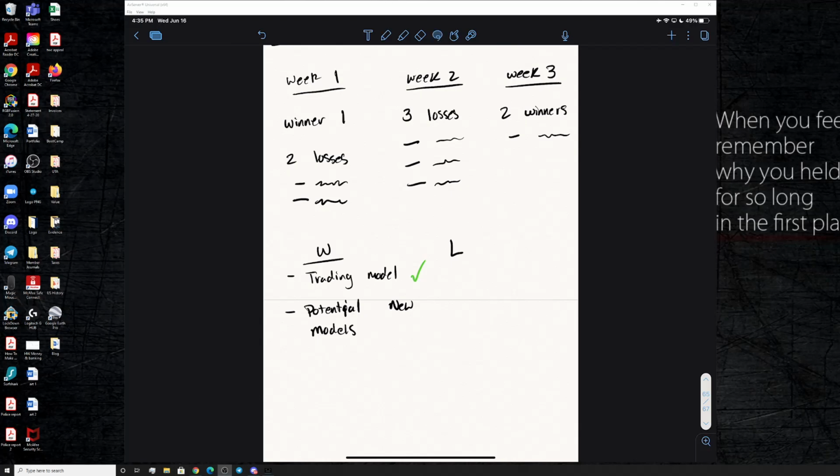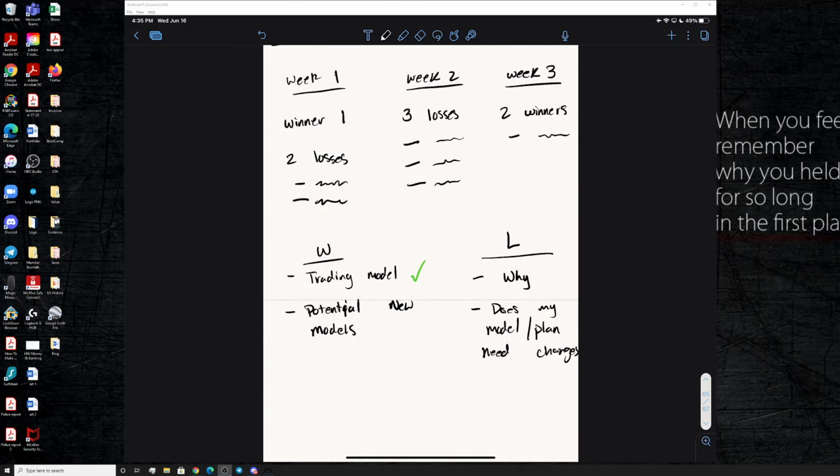Whereas if we're looking at our losers, we understand why, which is the most important part, especially when it comes to really improving your trading via your trading journals. Understanding why you lost. Does my model or plan need changes?